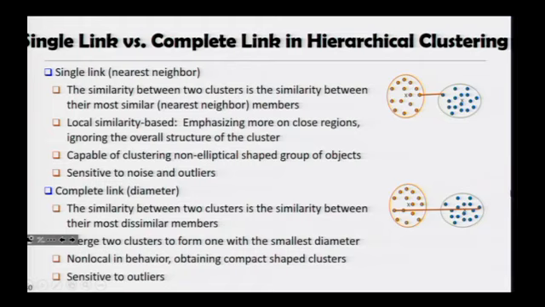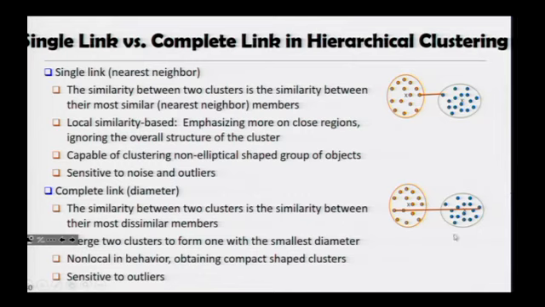These figures give you a very intuitive explanation of what the most distant members are. The complete link algorithm tries to merge the clusters so that the merged cluster will have the smallest diameter, because it's asking whether I can find a cluster to merge such that the resulting structure has the smallest diameter.